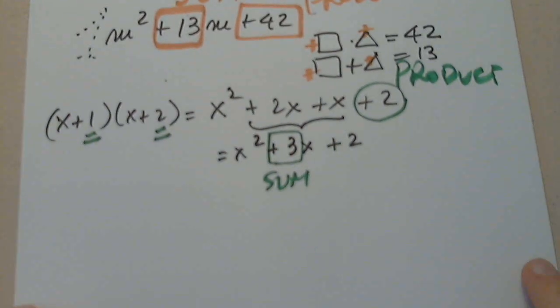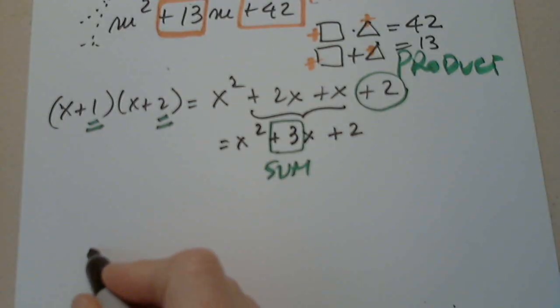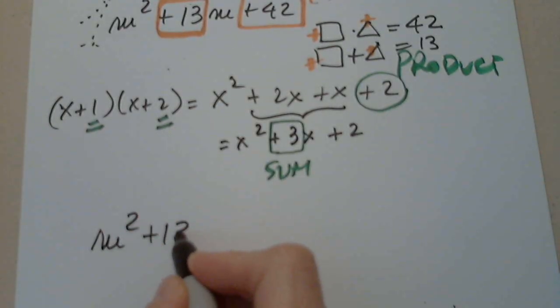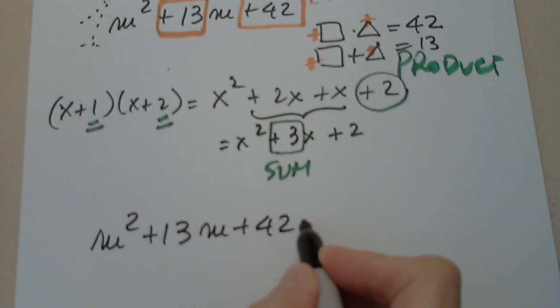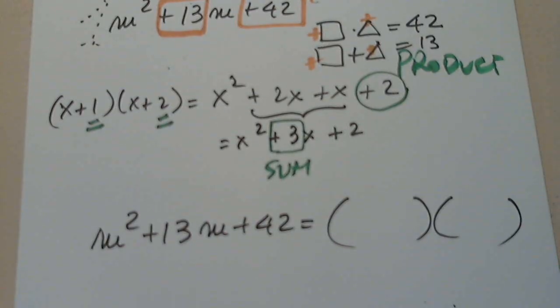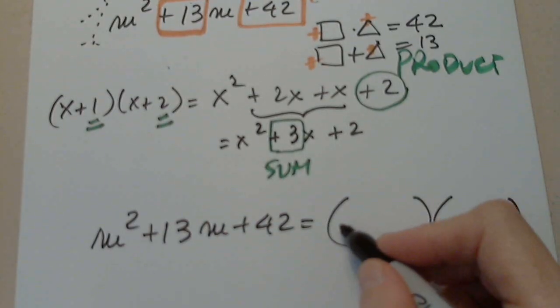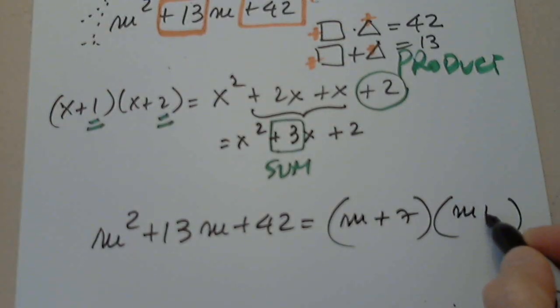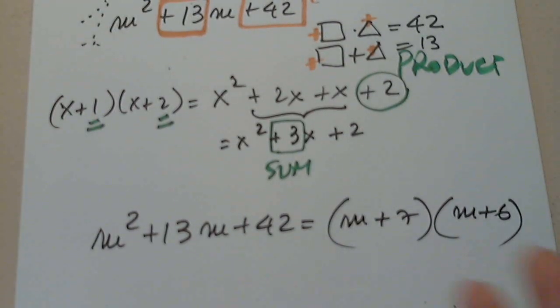And that is the final answer. Can anyone give us two numbers? 7 and 6. Yes, m plus 7, m plus 6. Written in any direction you want, m plus 6 times m plus 7, or m plus 7 times m plus 6.